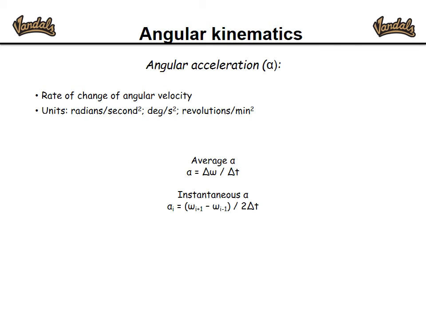Going further, if we want to find out at the ith element, the same concept applies, now with the omegas instead of the thetas. Again, 2 delta t, or ti plus 1 minus ti minus 1 if we don't know the hertz or sampling rate, which we would put into the denominator instead.